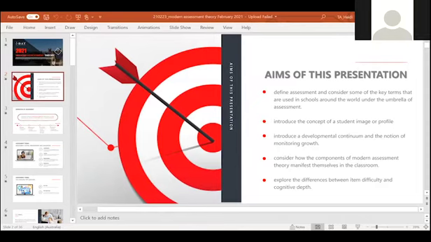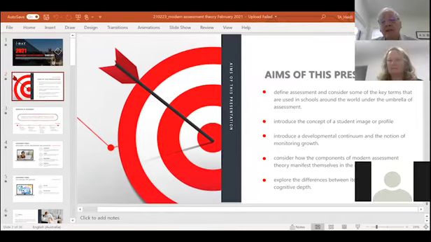It is an important area, assessment, and therefore we've had a conversation going for a long while right around the world on this idea of what I call modern assessment theory.